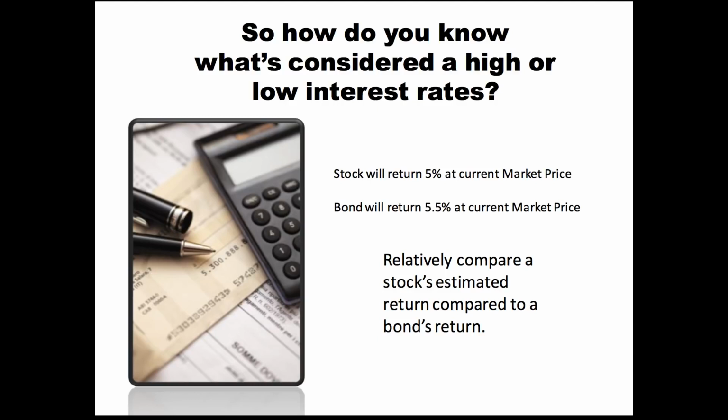And so this would be a very easy decision that you would want to be buying bonds because of the interest rates. And by being able to relatively compare a stock versus a bond, it's always going to put you on the right side of the fence, whether it's time to be buying stocks or whether it's time to be buying bonds. And that's truly the art of asset valuation.